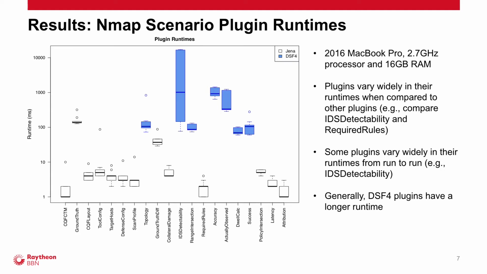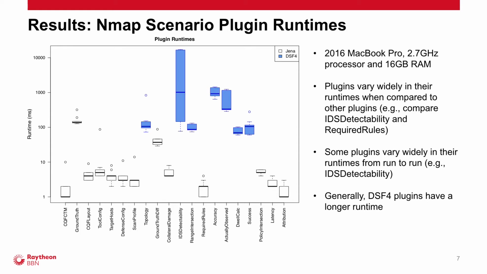We can see that the runtimes of some of these plugins are varying a lot. For instance, roughly in the middle of the plot, there is this massive blue box plot. That's the IDS detectability, or intrusion detectability, plugin, and it varies a lot in its runtime.